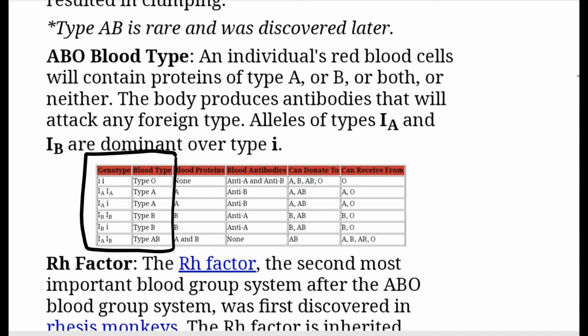For type A, there's 2 different types. We have this one and this one. We have I capital A, I capital A, or I capital A, small case i. And the difference is this one is from a dominant parent.